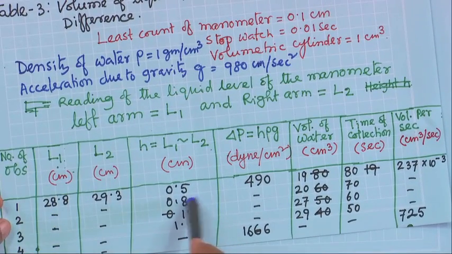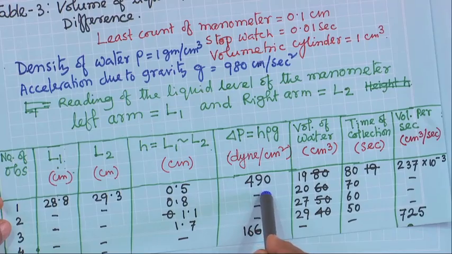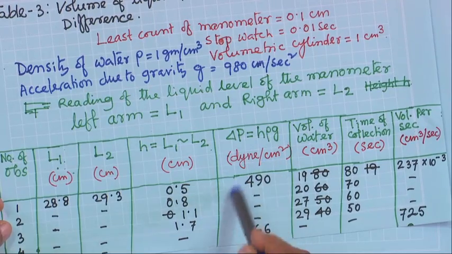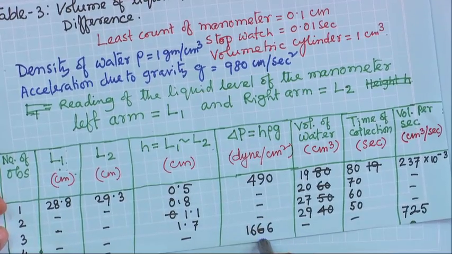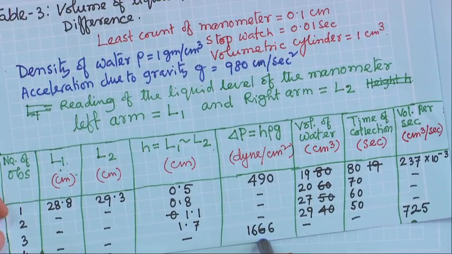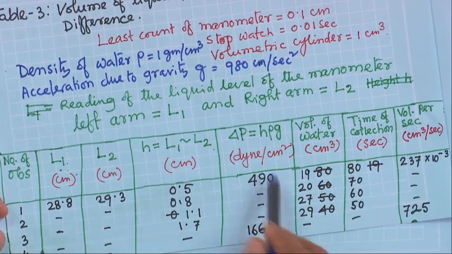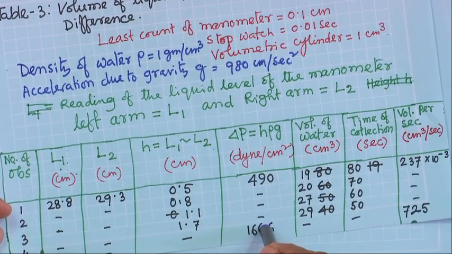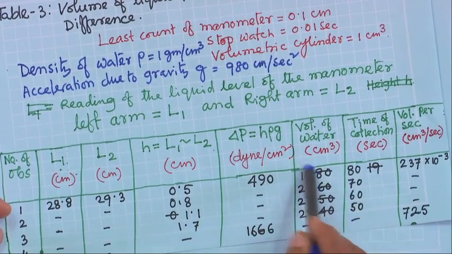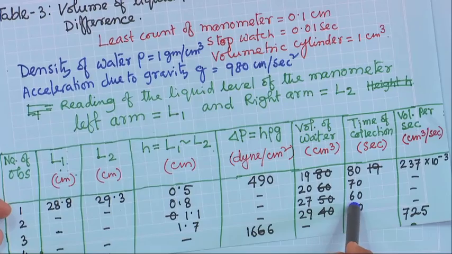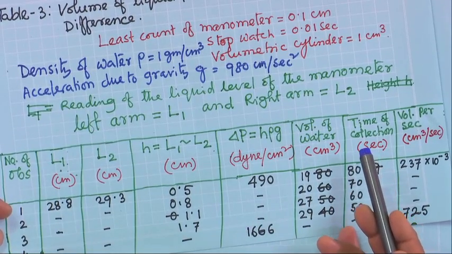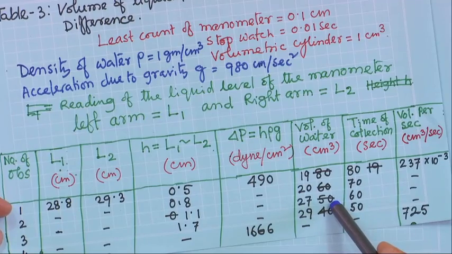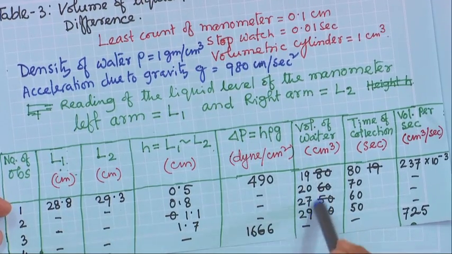For basically the next del P, we have taken 5 readings. The first and last ones I have written here, so that you will understand. Here I have also written all the data in this column, just to tell you that you have to collect a reasonable amount of water.